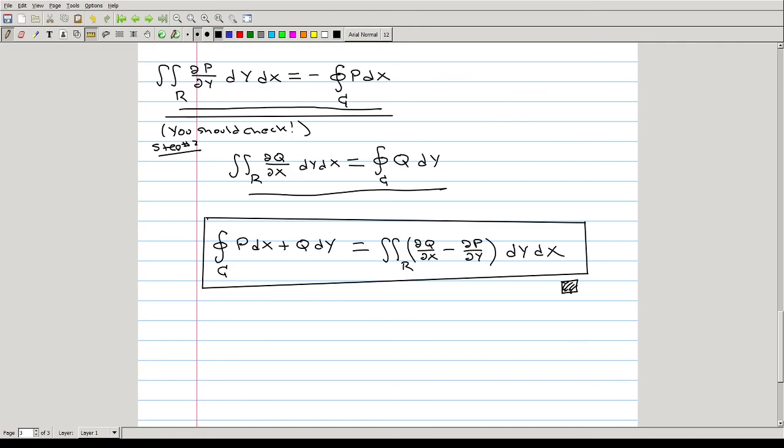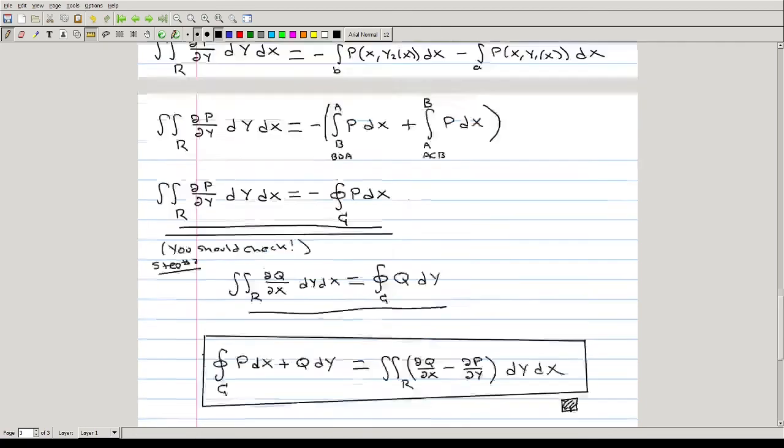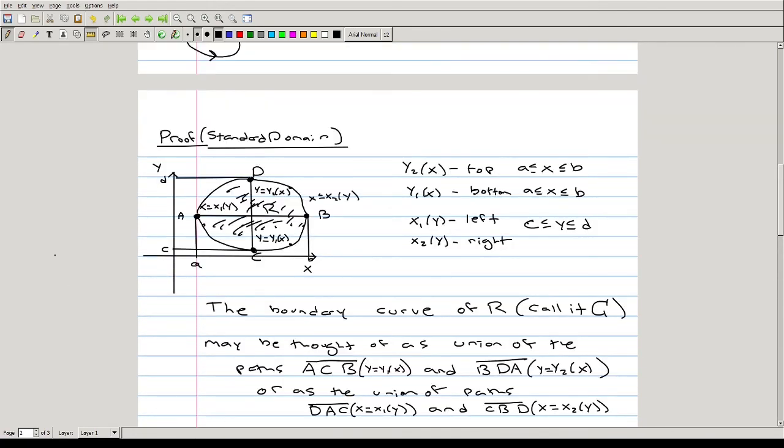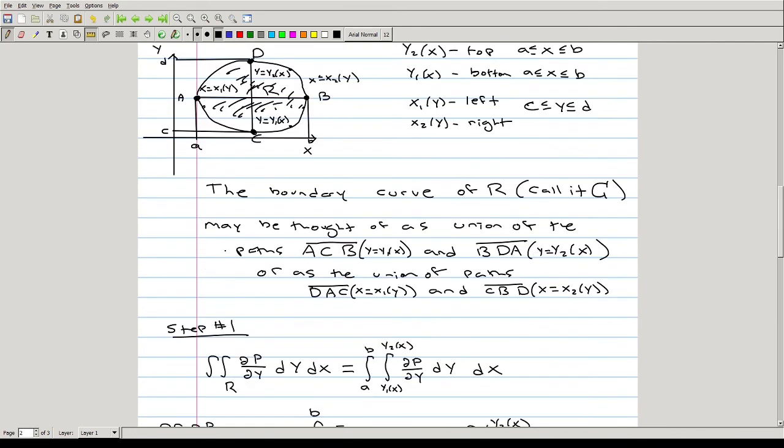But remember, the proof that we've done here only works for a standard domain, one in which we can express the top and the bottom as a function of the first variable, and the left and the right as a function of the second variable.